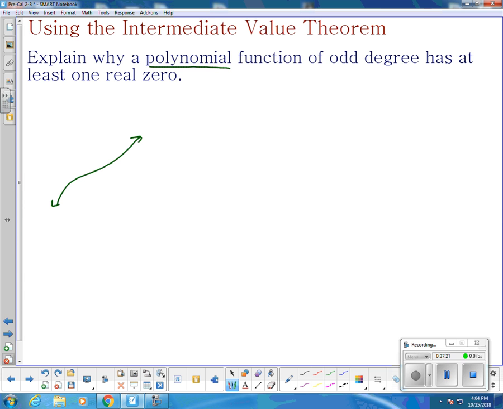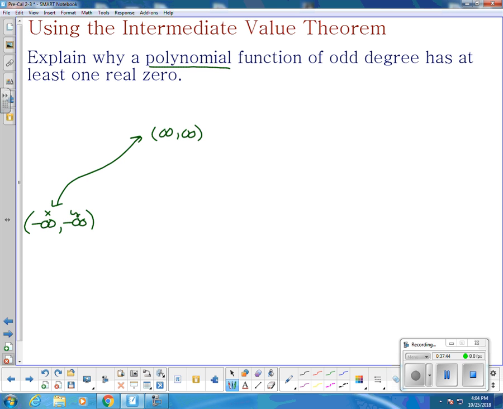It's doing something like this. As x goes to negative infinity, the y goes to negative infinity. As x goes to positive infinity, the y goes to positive infinity.